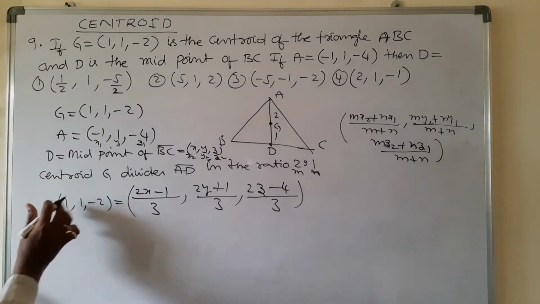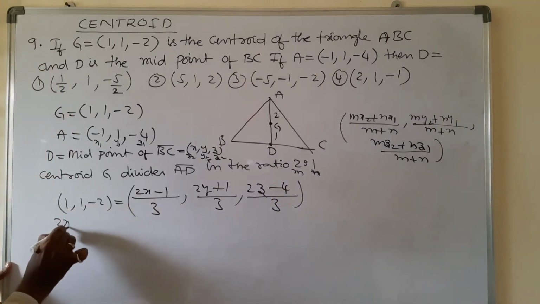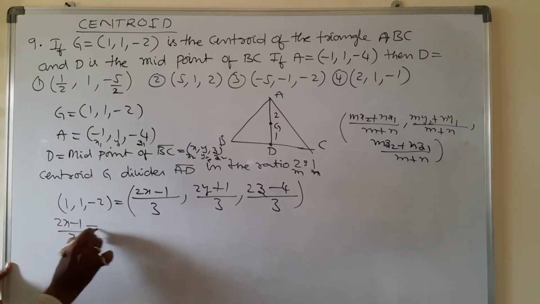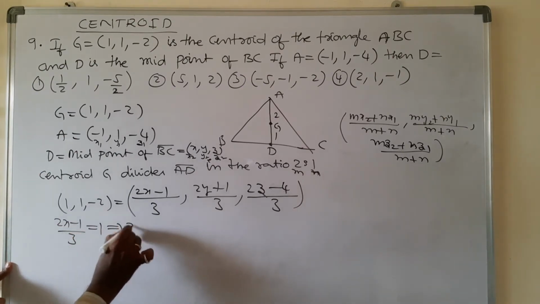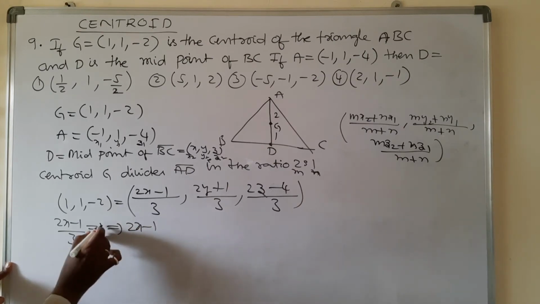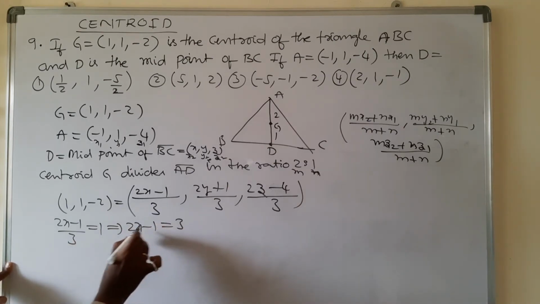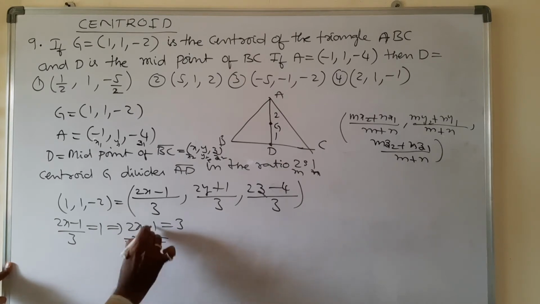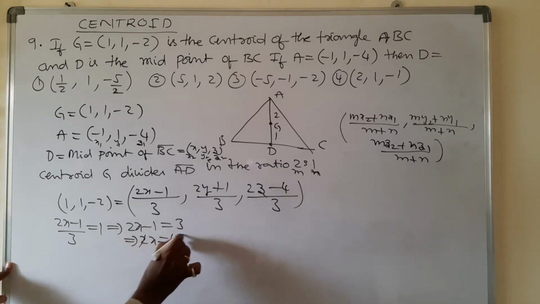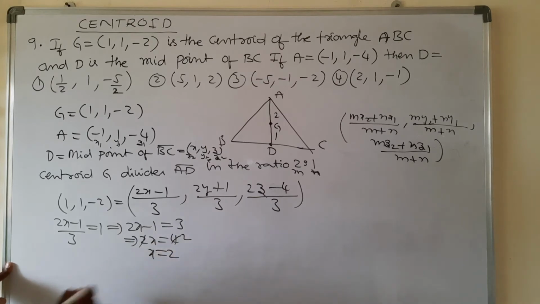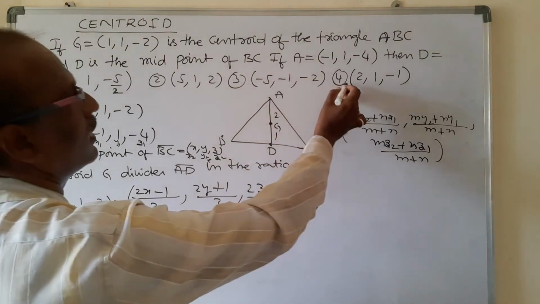The first coordinate is equal to 1. 2x minus 1 by 3 is equal to 1. Cross multiply by 3: 2x equals 3 plus 1, 4. 2x equals 4, so x equals 2. Here x equal to 2 is in option 4. This is the correct answer.